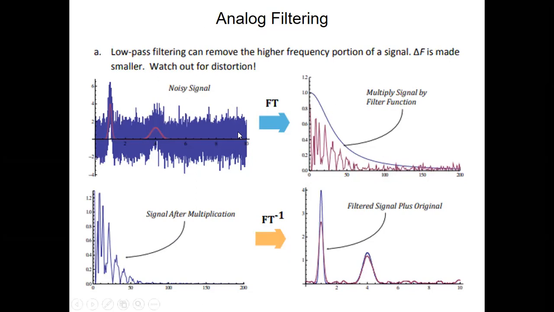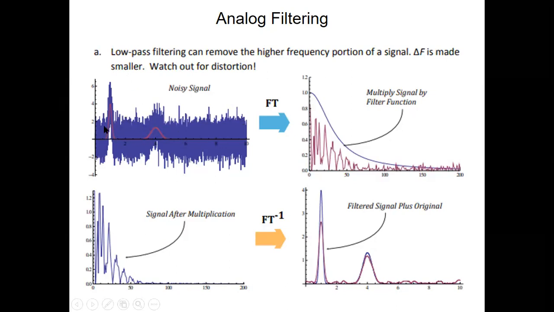This figure shows incorporating a low pass filter to remove the higher frequency portion of the signal. So what is happening here? This is the noisy signal. Initially you will see a signal like this, right?